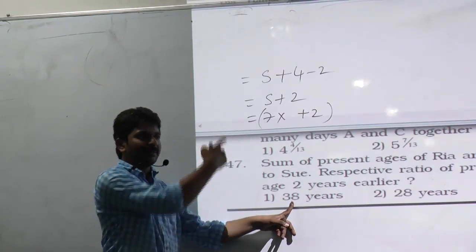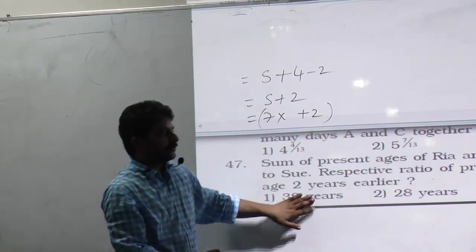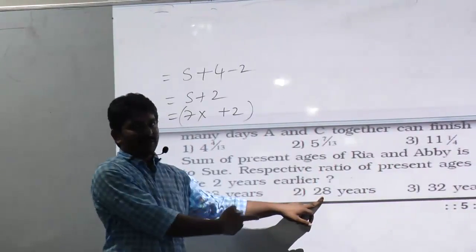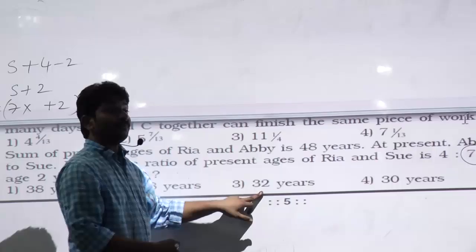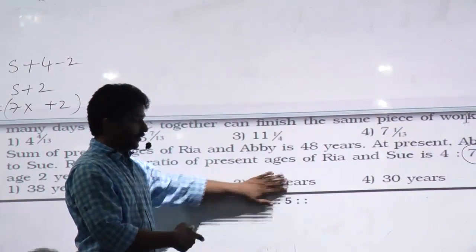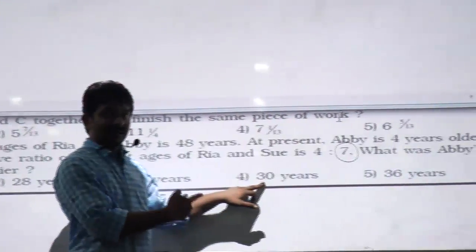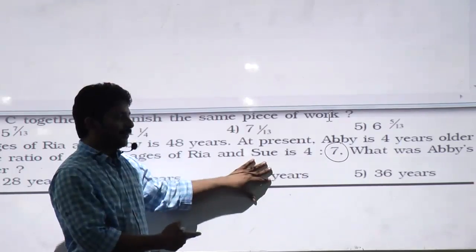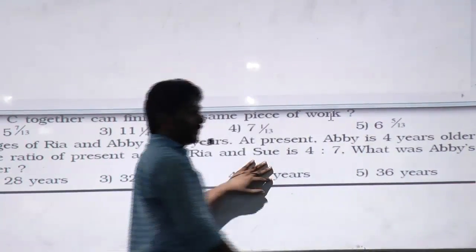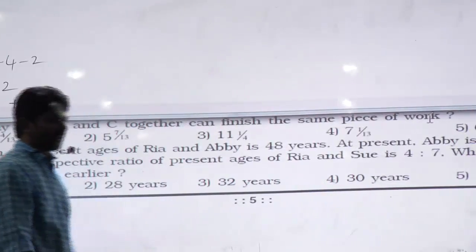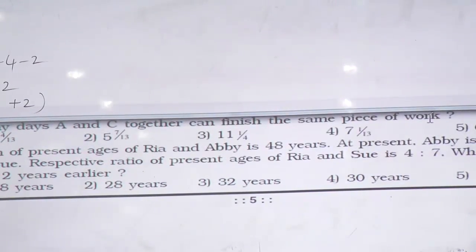Is 36 a multiple of 7? No. Minus 2, 30. Is 30 a multiple of 7? No. Minus 2, 28. Is it a 7 multiple? It can be your answer. Minus 2, 34. Is 34 a multiple of 7? The only 7 multiple that satisfies here is 30. That's it.